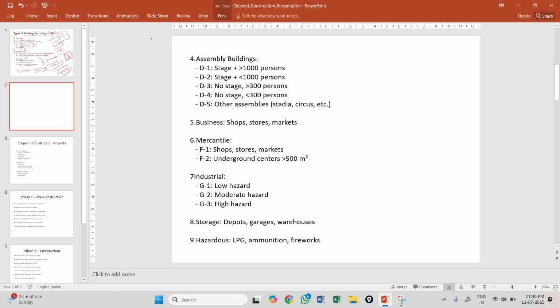Next comes the auditorium, assembly buildings. Assembly buildings are somewhere where a lot of gathering will be there. Stage plus more than 1,000 members; stage plus less than 1,000 members; no stage more than 300 persons; no stage less than 300 persons; and other assemblies like stadium, circus.